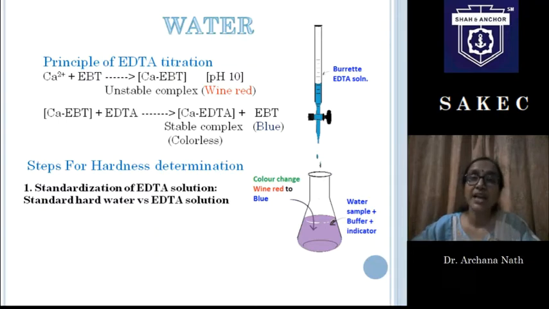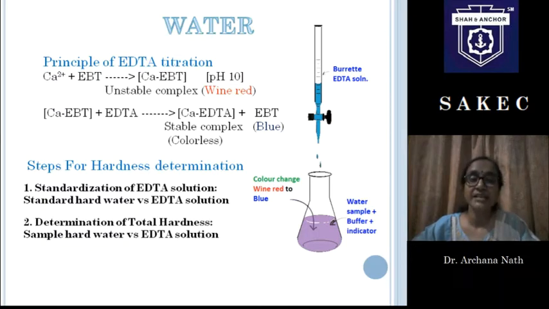In that step we use standard hard water versus EDTA. In most cases, standard hard water is prepared as 1 milligram calcium carbonate in 1 ml distilled water. So the first step will be standard hard water versus EDTA. In all the steps, EDTA will be in the burette.